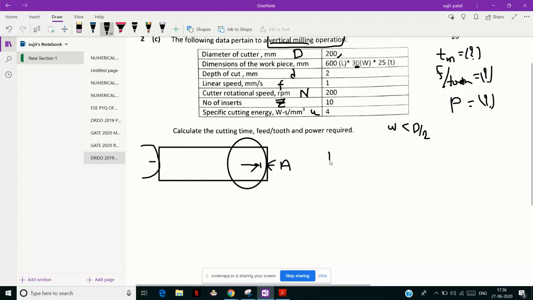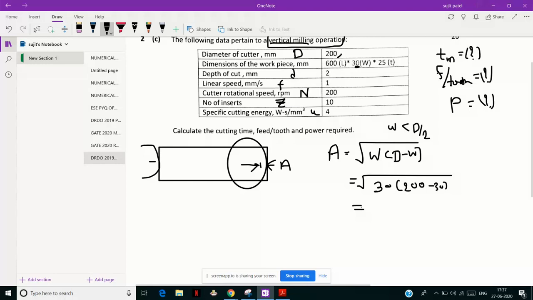When width is less than the radius of the cutter, approach length is under root of w into (d minus w). Put the values over here: 30 into (200 minus 30), so this will come to 71.41 mm.